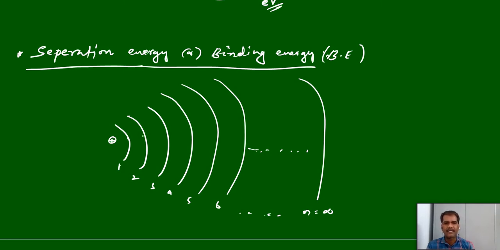And if you excite an electron from ground state to infinity, that is ionization energy. And here separation energy. Separation energy means except the ground state, if the electron is present in any of the excited states, then the energy required to remove the electron from any of the excited states to infinity is called separation energy. For example, we have the electron here in the second state. Then you separate this electron from this atom, means you bring it to infinity.